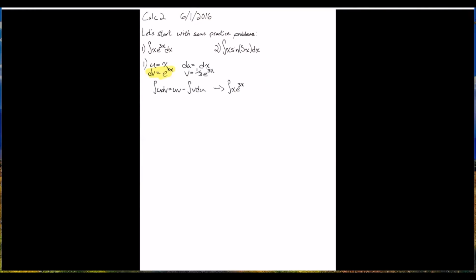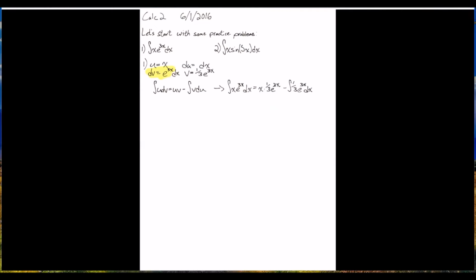Ooh, don't forget that I should have a dx here. All right, so we have a dx here. Now, this is going to be equal to our uv, so our x times our v, which is 1/3 e to the 3x, minus this integral v du. So we have our 1/3 e to the 3x. And then our du is simply just dx, right?